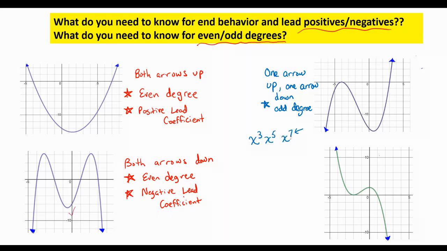So the exponent is odd, or the number of x's in the problem is odd. Same with this one, then you have an odd degree.